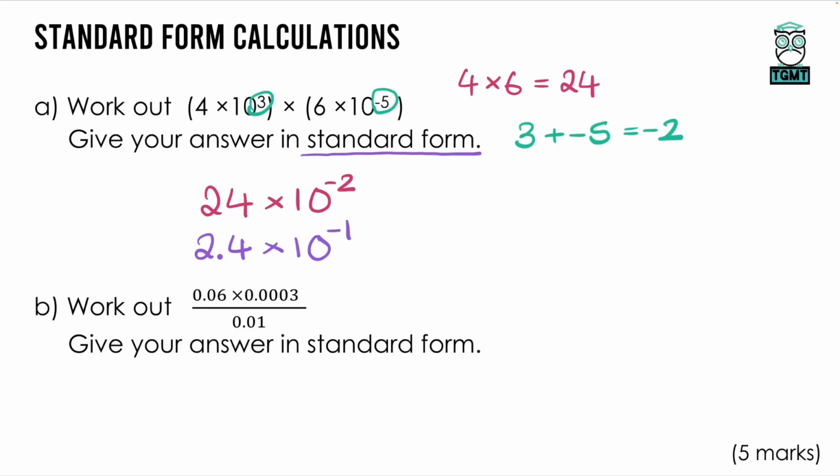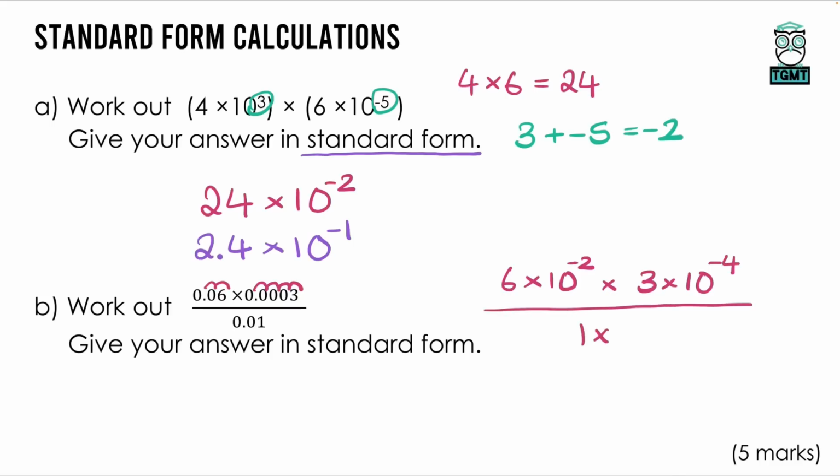So 0.06 is 6 times 10 to the power of 2 jumps, -2. 0.003, so we're going to times by 3, times 10 to the power of 1, 2, 3, 4, so -4. And on the bottom, we have 1 times 10 to the power of 1, 2. So that's -2.